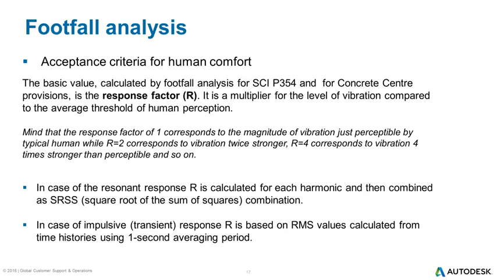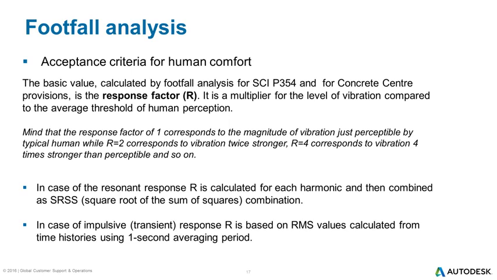The basic value calculated by footfall analysis for SCI P354 and for the Concrete Centre provisions is the response factor, R. It is a multiplier for the level of vibration compared to the average threshold of human perception. The response factor of 1 corresponds to the magnitude of vibration just perceptible by humans, while R equal to 2 corresponds to vibration twice as strong.